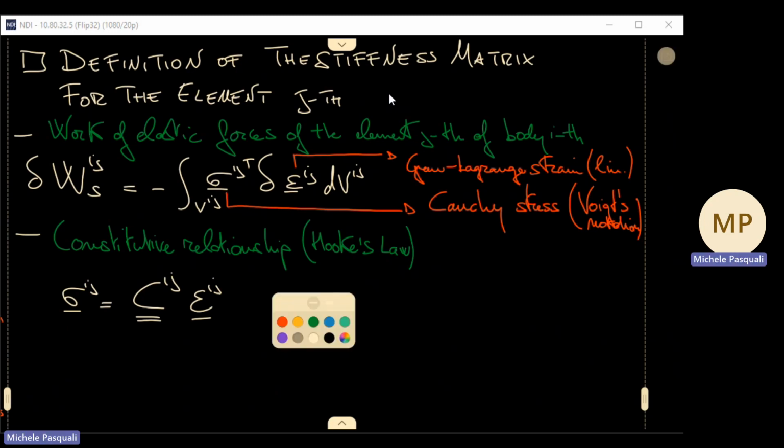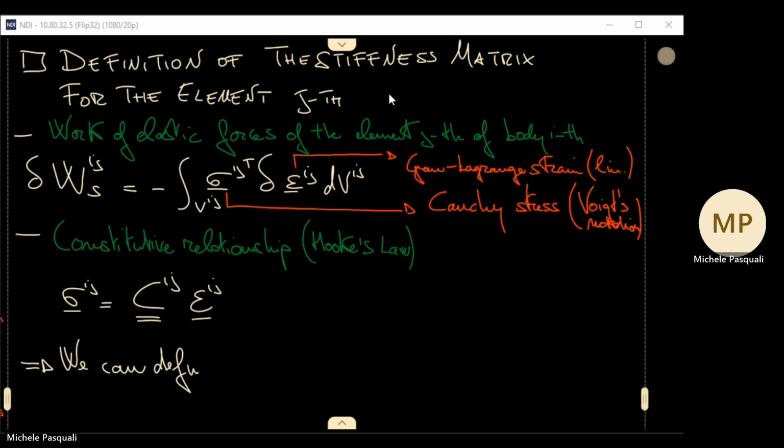So basically what we do is that we define our deformation epsilon ij as a differential operator D, linear differential operator. Basically, it's a derivative. Applied over what?